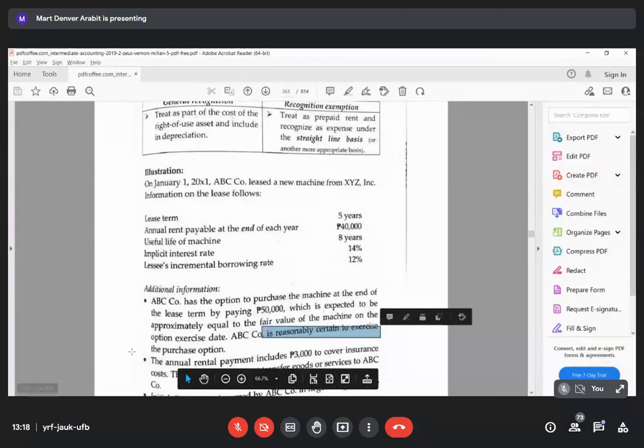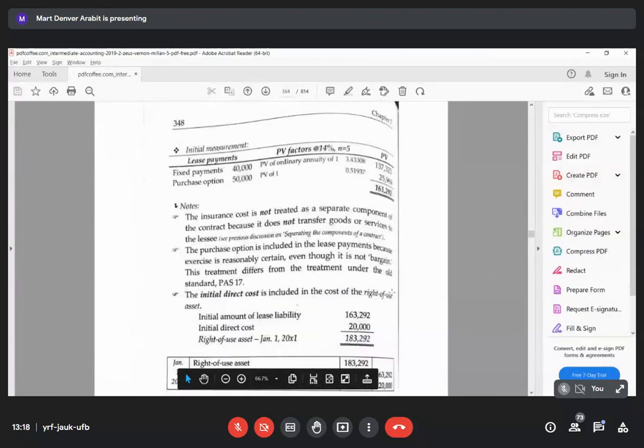Okay? Ito siya. And this treatment, sorry, even though it is not a bargain purchase. This treatment differs from the treatment under the old standard 17. Right? And the initial direct cost is included in the cost of the ROU, which is, ito siya.